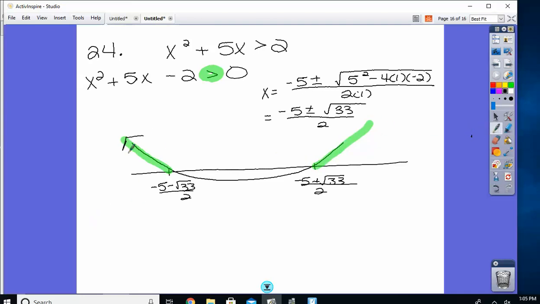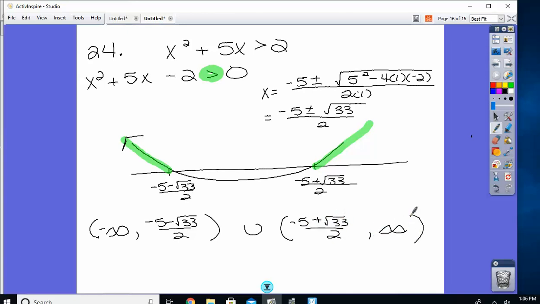This is going forever in the negative direction, so that's negative infinity, to negative 5 minus radical 33 over 2. Union. This is the plus 33, and it goes forever in the positive. Why did I put parentheses on those? Because it's not equal to. Equal to is bracket, not equal to is parentheses.